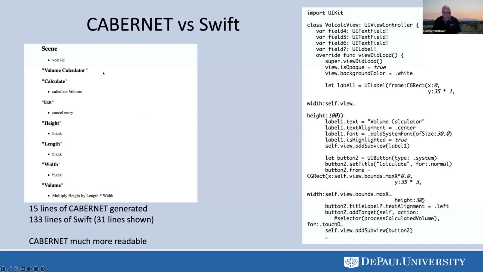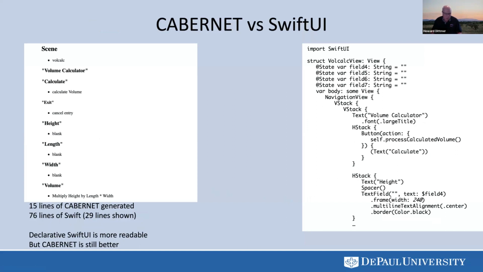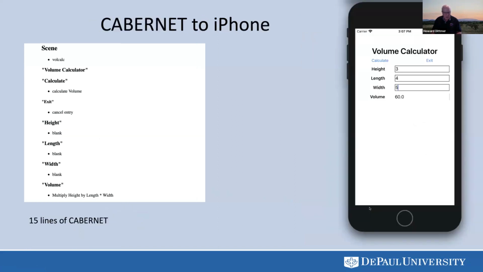So if you look here at the Cabernet on the left, and then this is the first 31 lines of the Swift program to do the same thing. SwiftUI, because it is declarative in nature, is more succinct than Swift, but still takes 76 lines to get this same program. And here's the program. This Cabernet program here gives you this application over here.